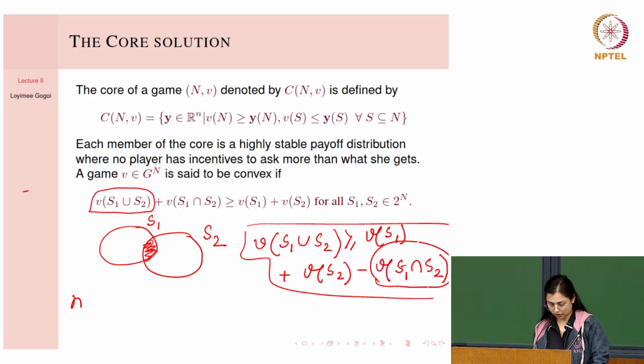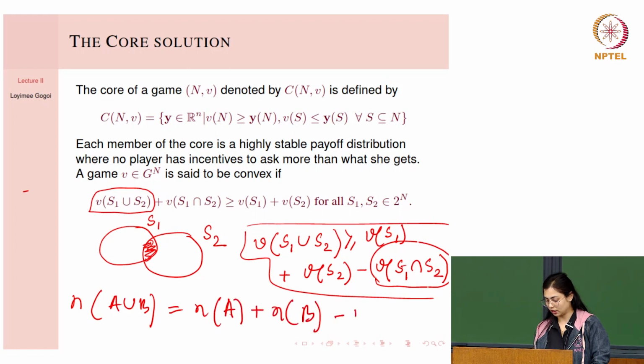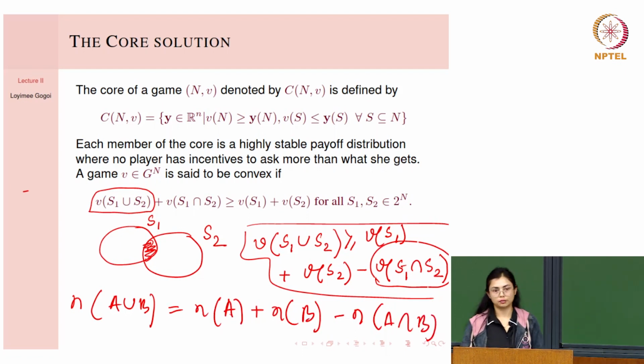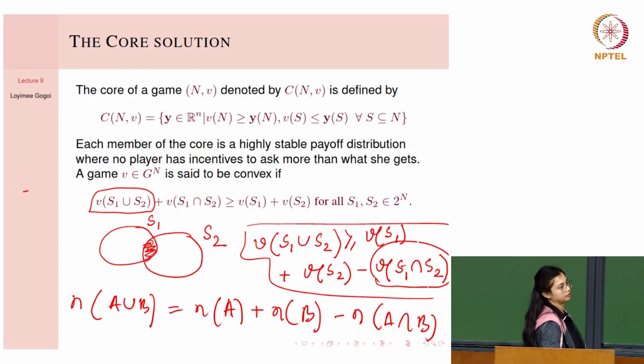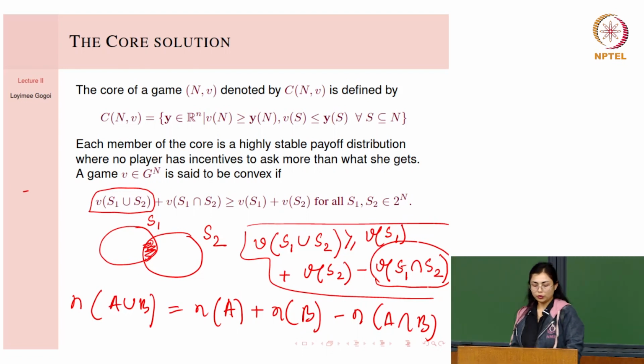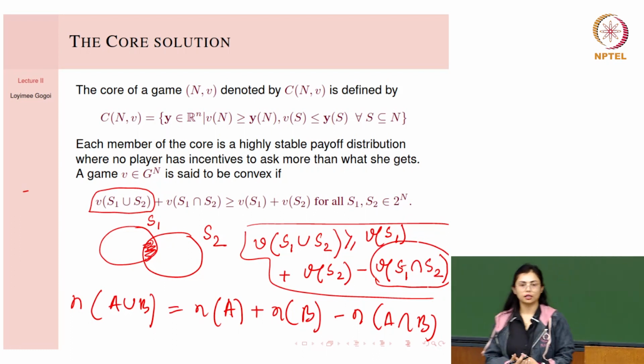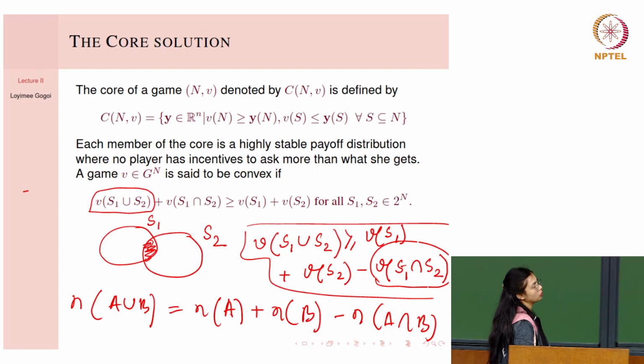Do you know n of A union B is equal to n of A plus n of B minus n of A intersection B? This is almost similar, but this is greater than or equal to. So there is one theorem that if we have this kind of game, then the core is always non-empty.